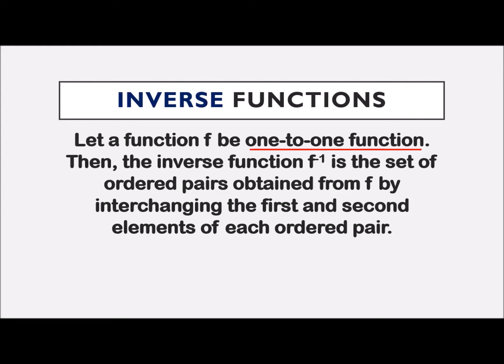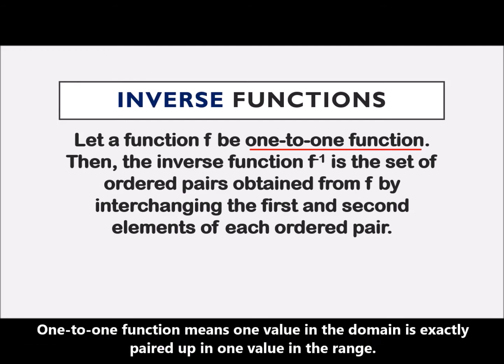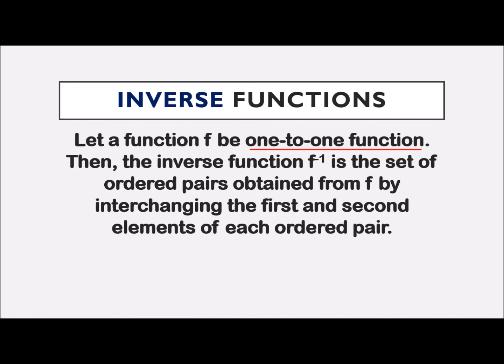Pag sinabi nating one-to-one, balikan natin yung nangyari sa atin nung tayo ay nagsa-start ng functions. Once you say one-to-one, one value of x is paired up with one value in y. Kaya siya one-to-one. Okay? At ano daw ang gagawin sa inverse function?